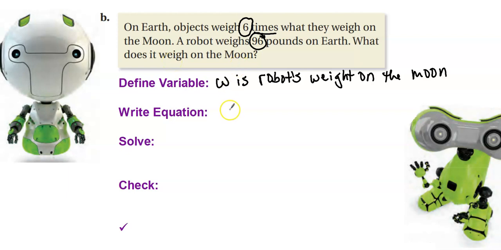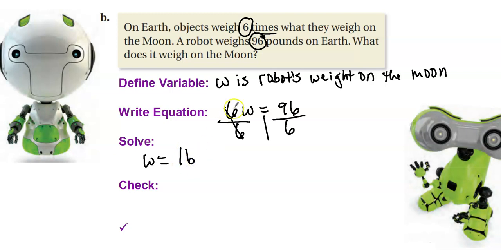So it makes sense to say 6W equals 96. There's my equation. I solve it. I do the balance scale. I look at the side of my variable. I'm undoing multiplication by dividing by 6. My 6's cancel out. I end up with a solution of W equals 16. And then I want to make sure I put in the units, and it was pounds.